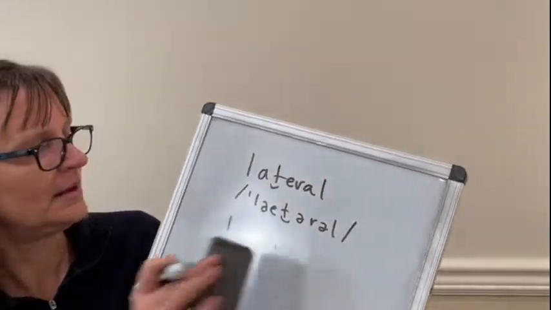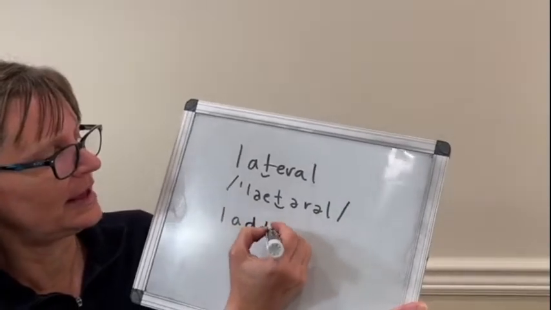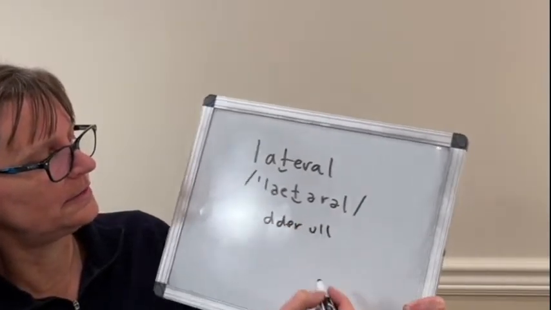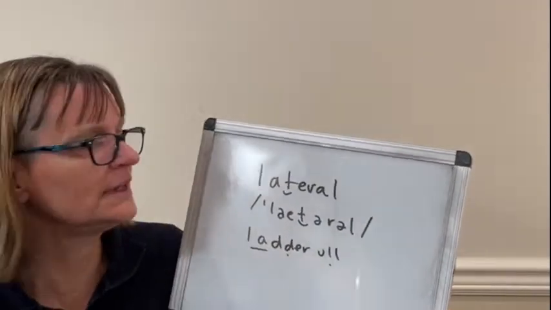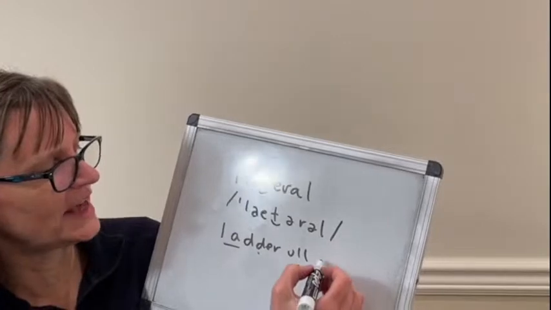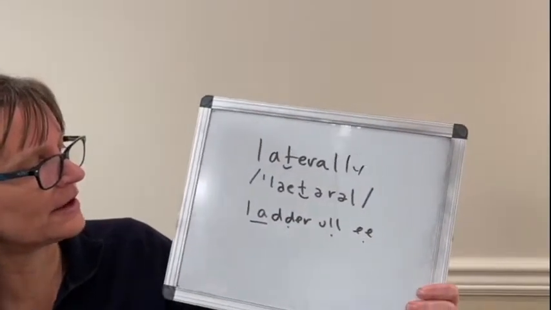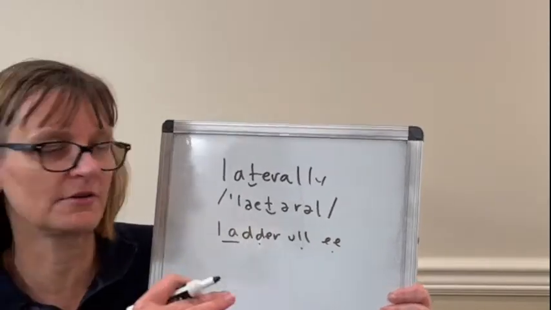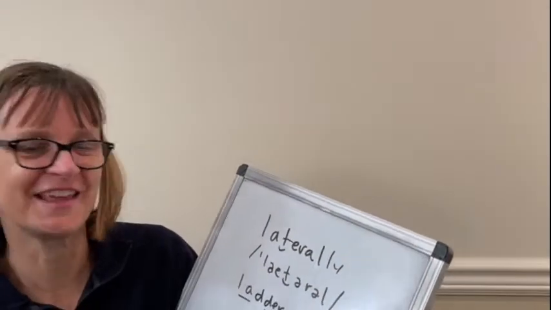I'm thinking maybe if you think of the word ladder, it'll help. Lateral. And then laterally, we just add another E sound. Laterally. He moved laterally rather than, yeah, okay. Good words. Thank you for that. A little bit similar to literal, which I have, and literally, which I have some videos about as well.